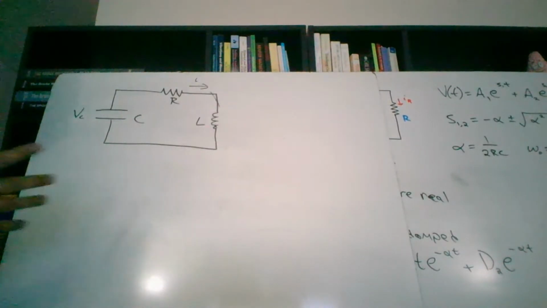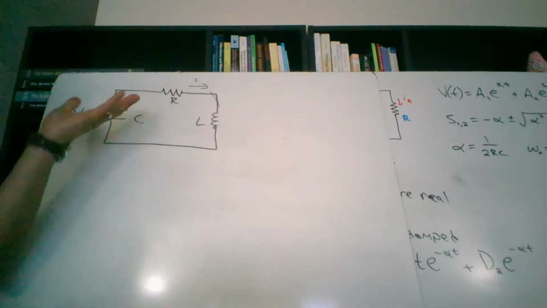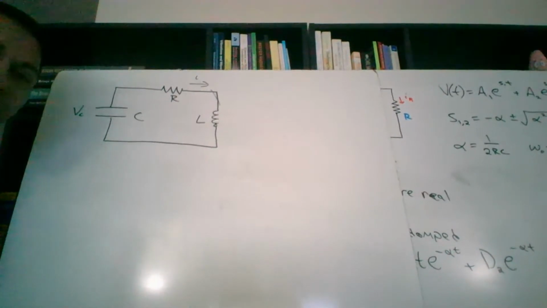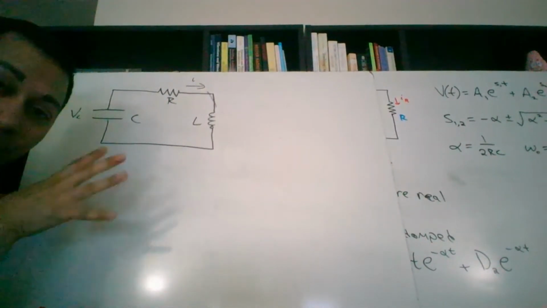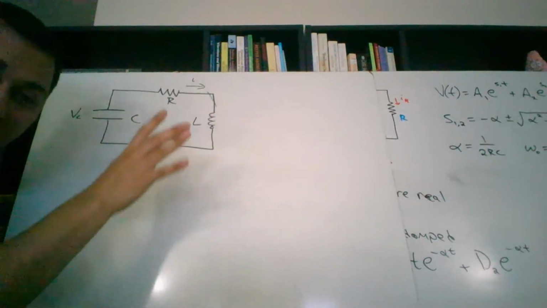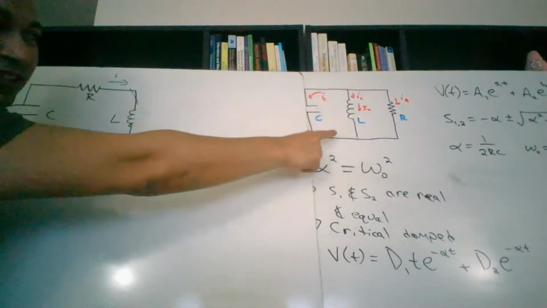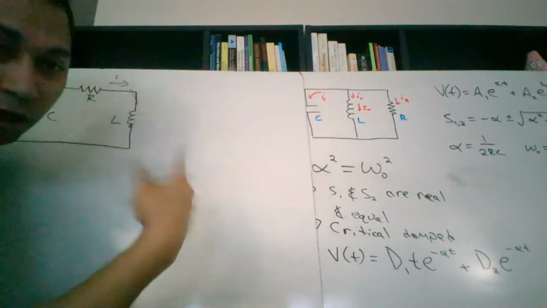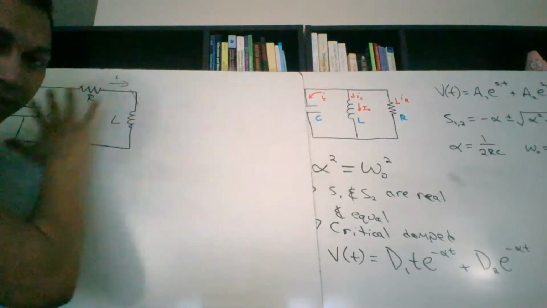So just like we did before, we have to write an equation out for this circuit. For this one, we're going to use Kirchhoff's voltage loop rule. In the parallel circuit that we did, we started with Kirchhoff's current rule.